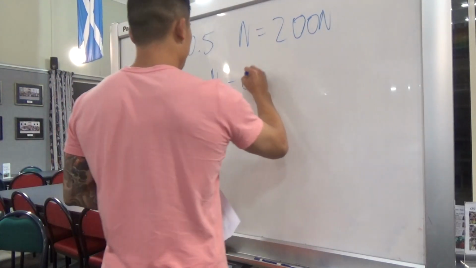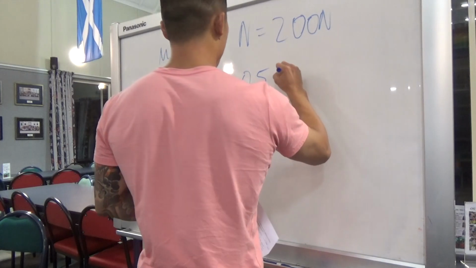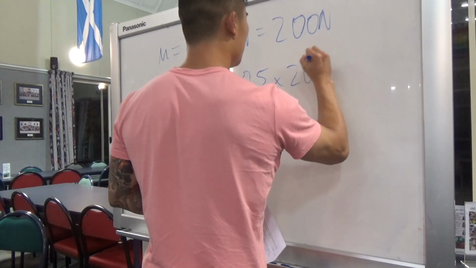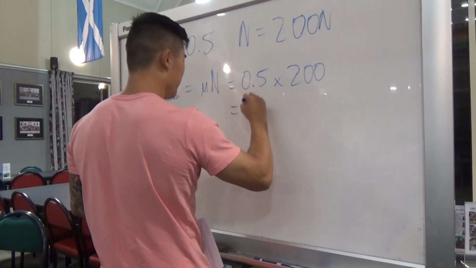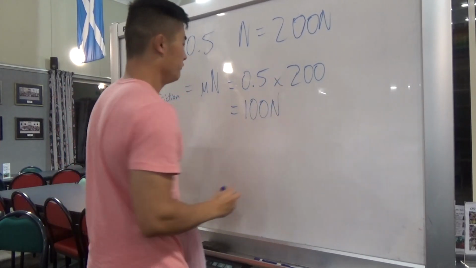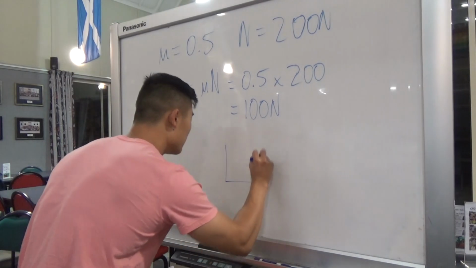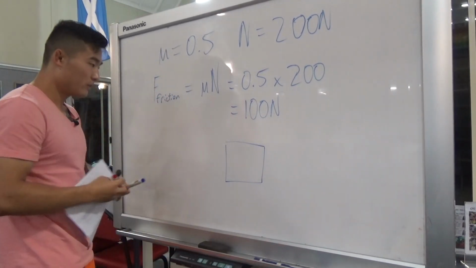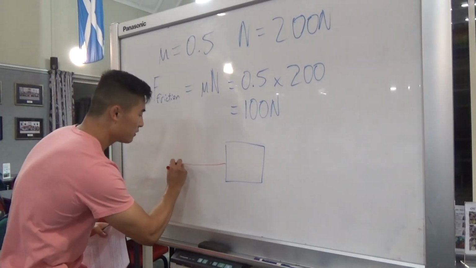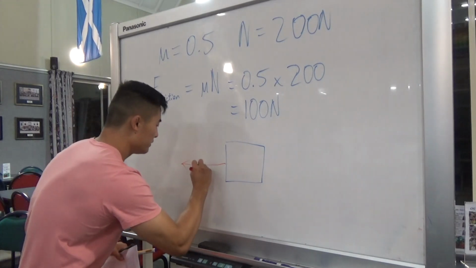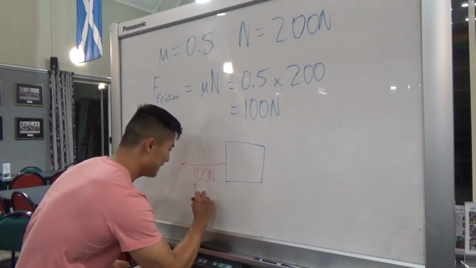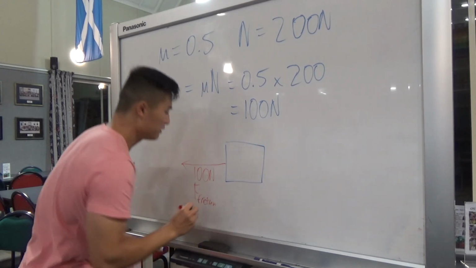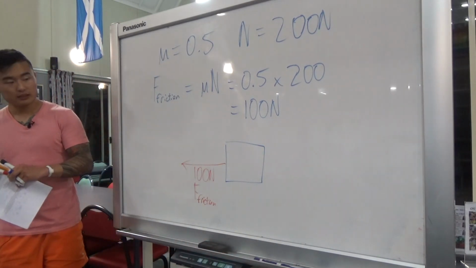So that's going to be 0.5 times 200. So that means we have a friction force of 100 newtons acting backwards on this box.